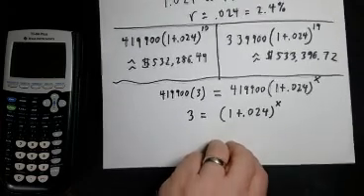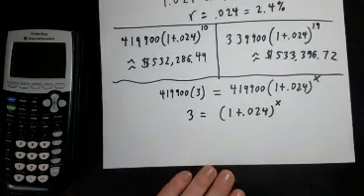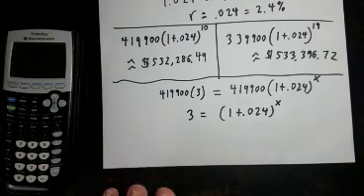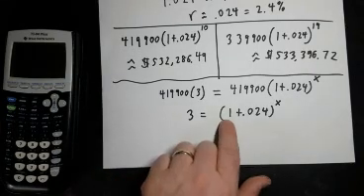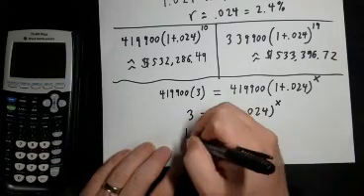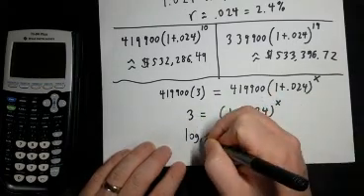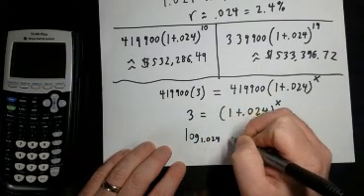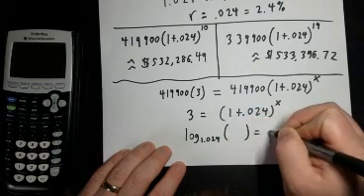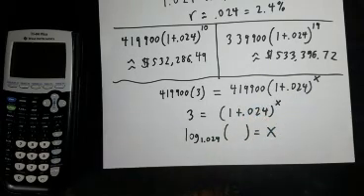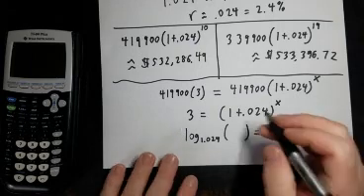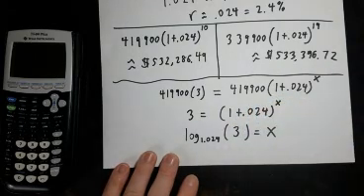But at this point, I'm going to convert to logarithms. If you were to convert to logarithms, again, the base on the log is going to be the base on the exponential. Log base 1.024. Logarithms allow you to get the exponent by itself. 3 goes in that blank spot.